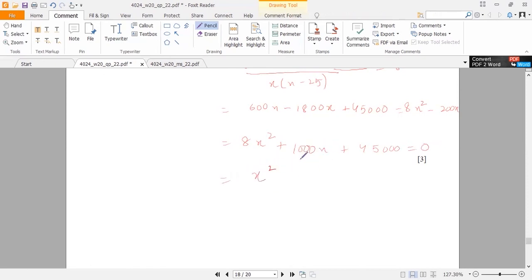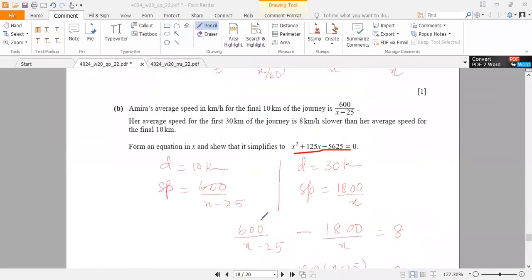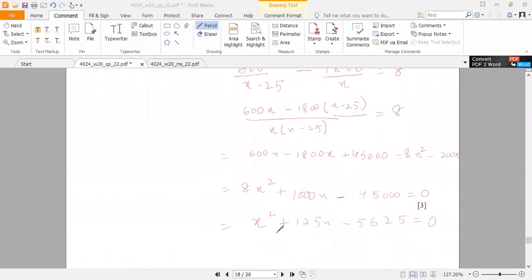If we divide this equation by 8, it becomes x squared plus 125x minus 5625 equals 0. So this is, as we show over here, x squared plus 125x minus 5625. Now come to part C.